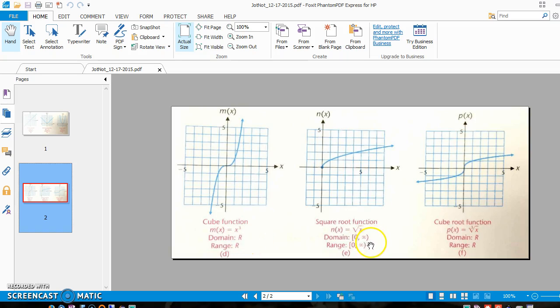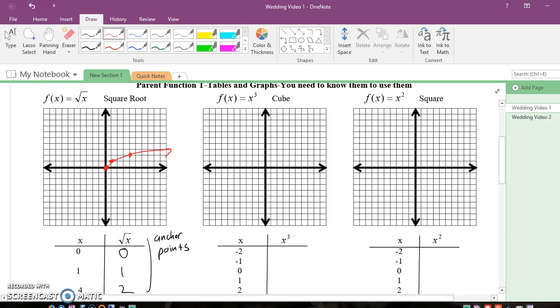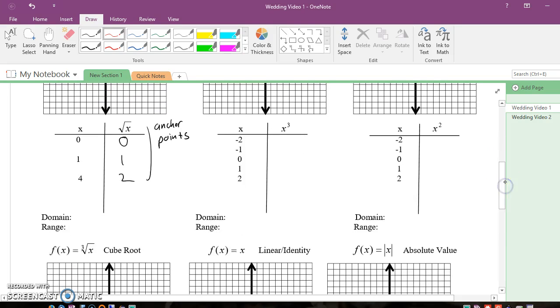For square root, it is 0 to infinity and 0 to infinity. So domain is 0 to infinity, range is 0 to infinity, and there we go.